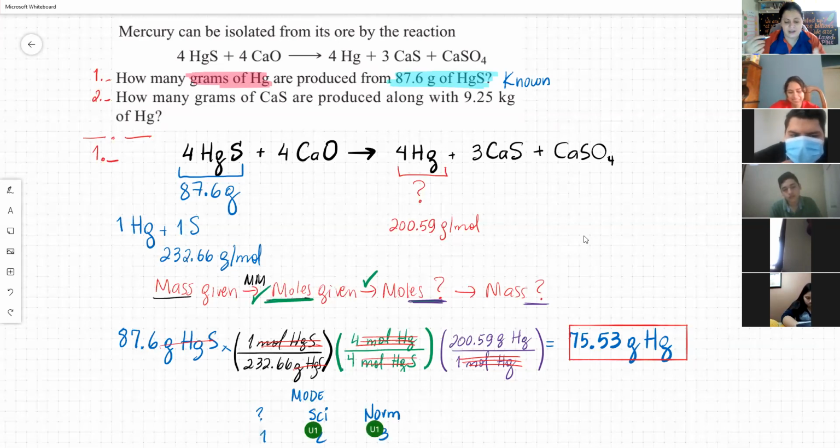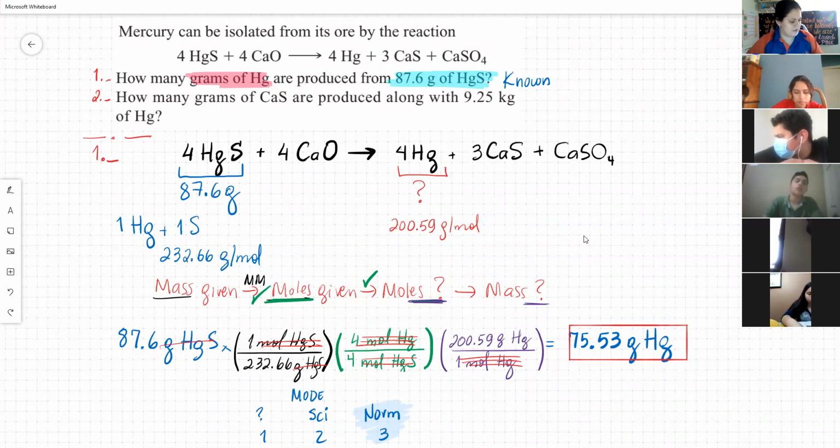If you have your answer in scientific notation and you want it to be normal, you press the number that is below Norm, and then okay or equal. Okay, Miss, thank you.